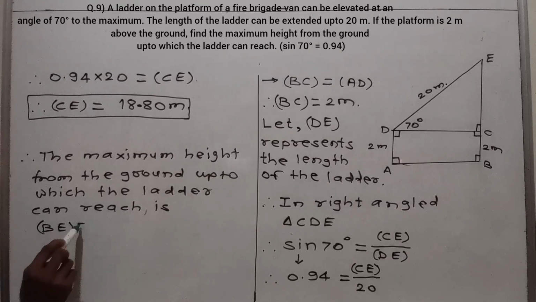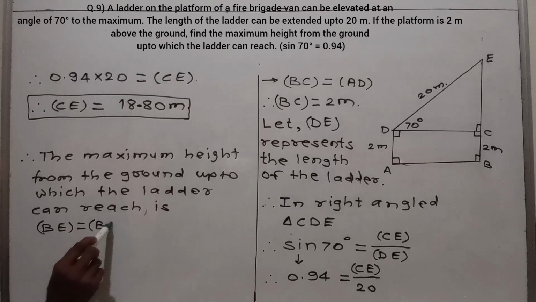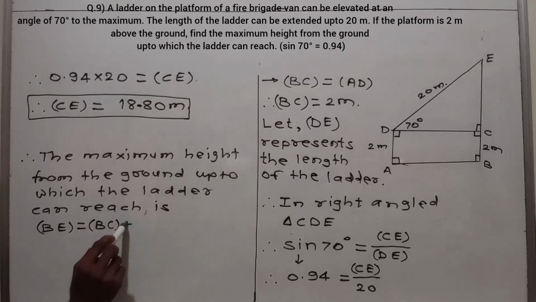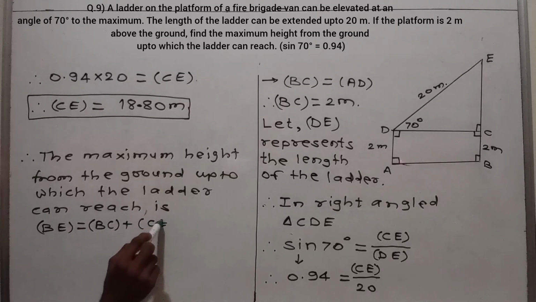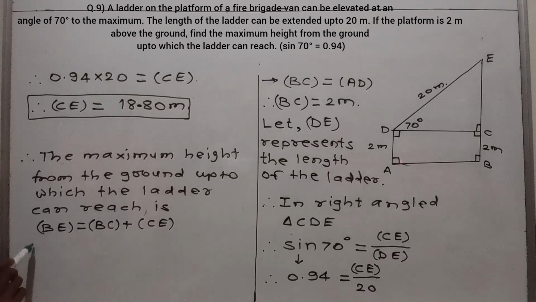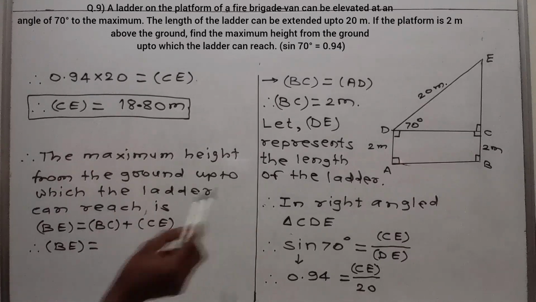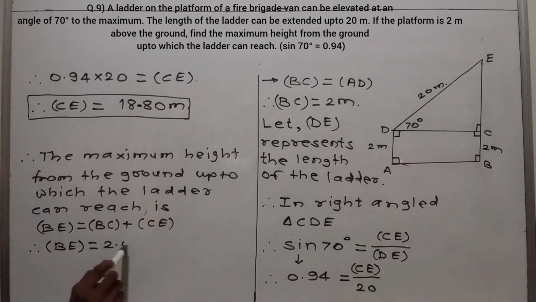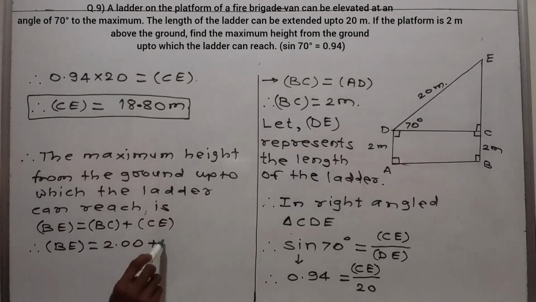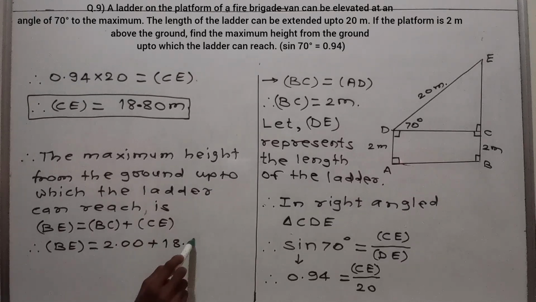BE is equal to BC plus C. Therefore, BE is equal to BC 2.00, because here 2 decimal places, plus 18.80, we write finally meter.